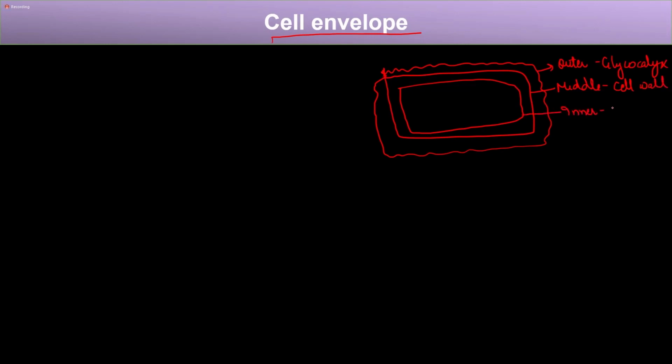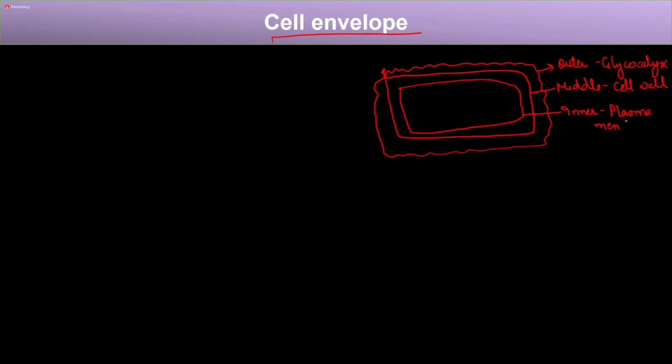It has three parts. Going from outer to inner, the outer layer is called glycocalyx. The middle one is the cell wall, and the innermost layer is the plasma membrane.